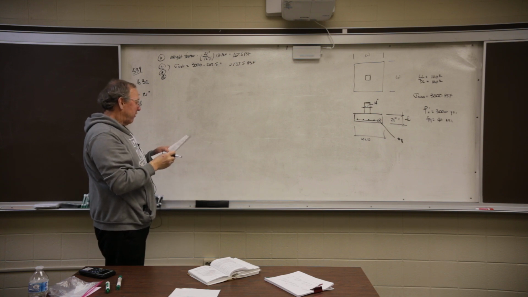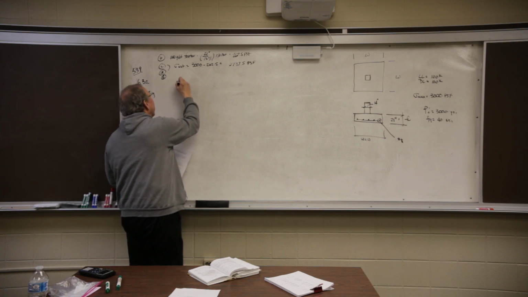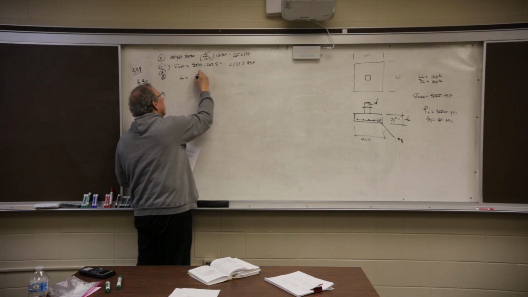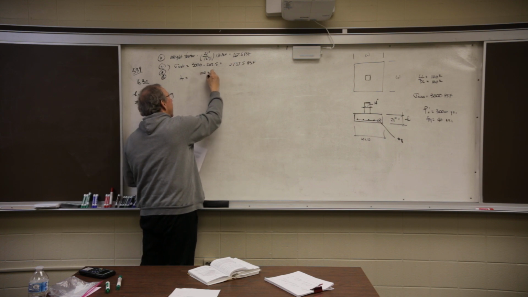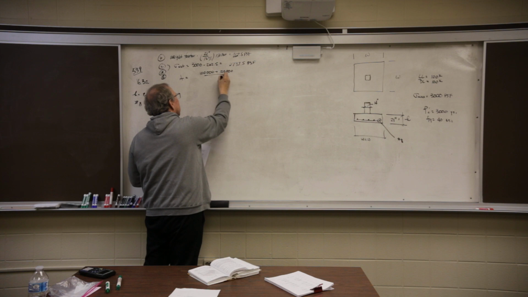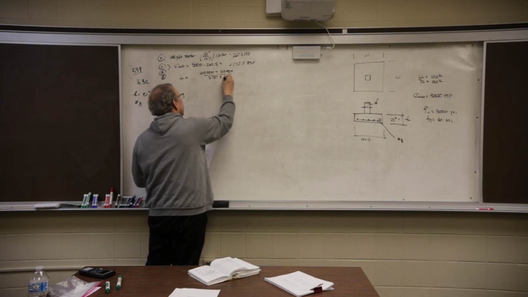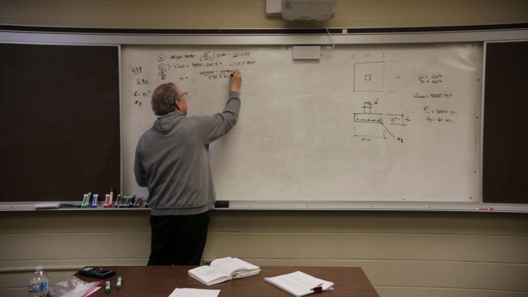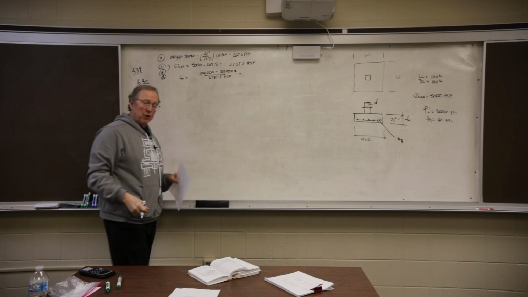Determine the required area by taking the area equals the total load, and I'm going to put it in thousands of pounds. 100 kips divided by 2737.5 pounds per square foot. This is pounds now, so it's going to work out.